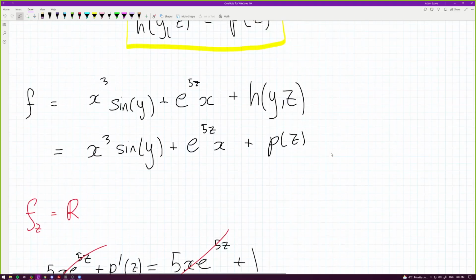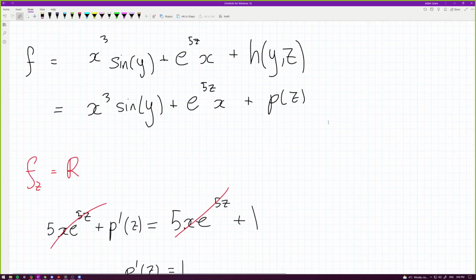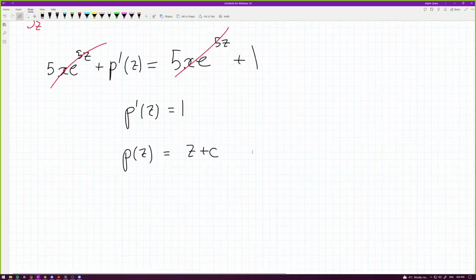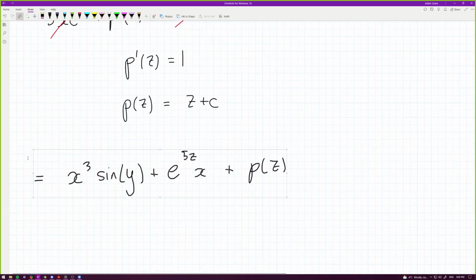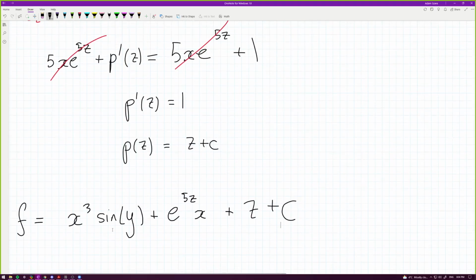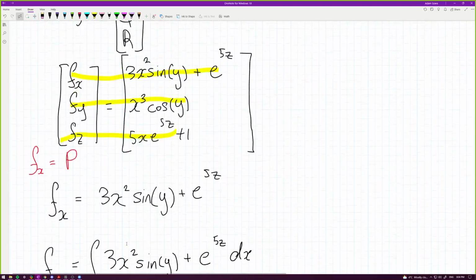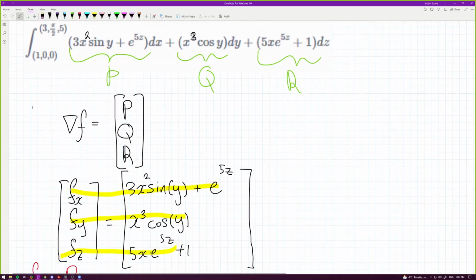And I can go now back to my equation here for f, which we knew in terms of that little extra constant p of z. And we get our final answer. So f, the potential function, is x cubed sine y plus e to the 5zx plus z plus c. And the gradient of that function is equal to our vector field.